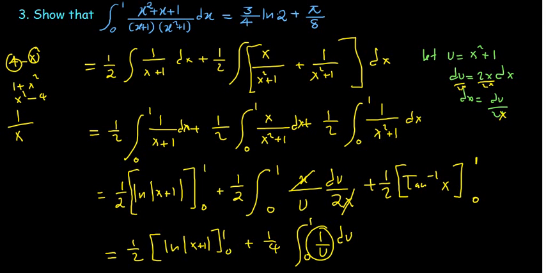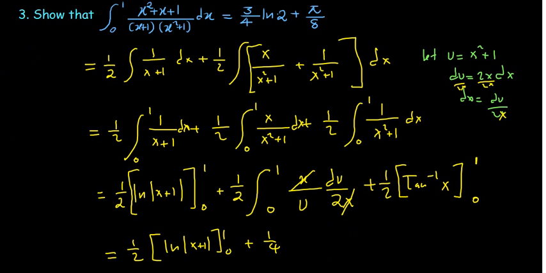If you are not having these, then you can go direct and substitute. Now here we have got only u. So where we have 1 over u, the integral of 1 over u is always natural log of u. So that's why I just want to write natural log of u directly.